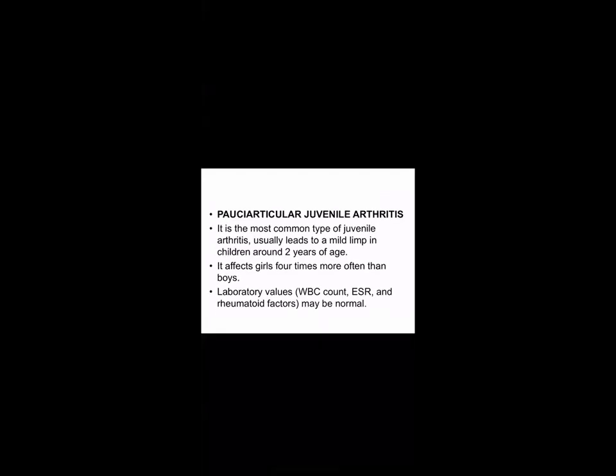It is the most common type of juvenile arthritis. It usually leads to a mild limp in children around 2 years of age. It affects girls 4 times more than boys. Lab tests may be normal, like the white blood cells, ESR, or rheumatoid factor. All these may be normal.